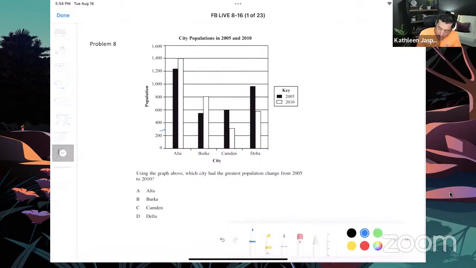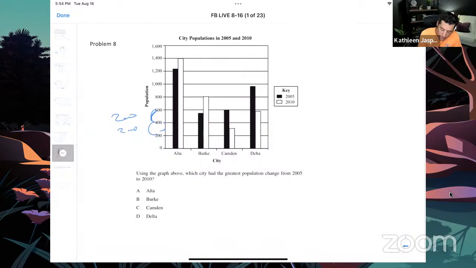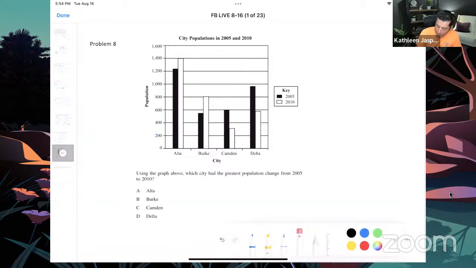So greatest change, each one of these blocks is worth 200, right? What I want to look for in my change from one bar to the other doesn't have to be how far down the black is from the white one. I see here that this is less than 200.